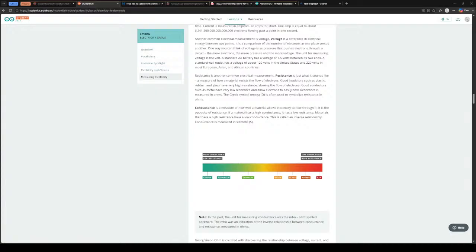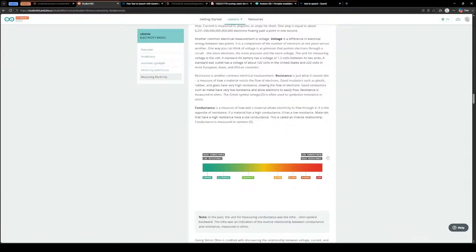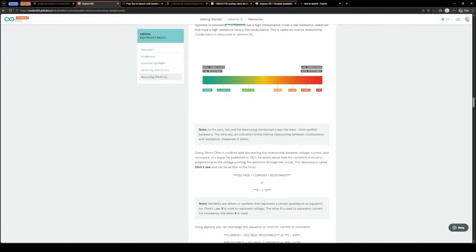I thought water would be more conductible. That'd have a higher conductance. But it's still a good amount, but it's not that much.